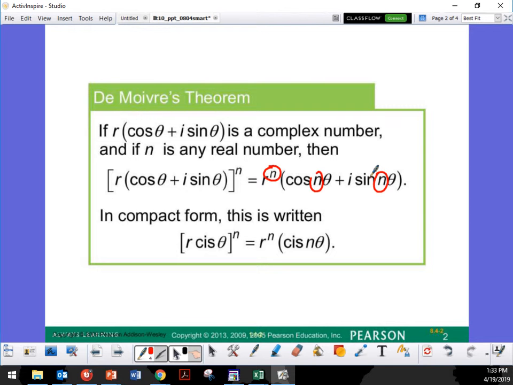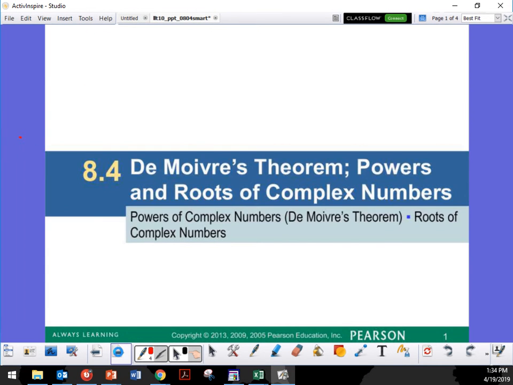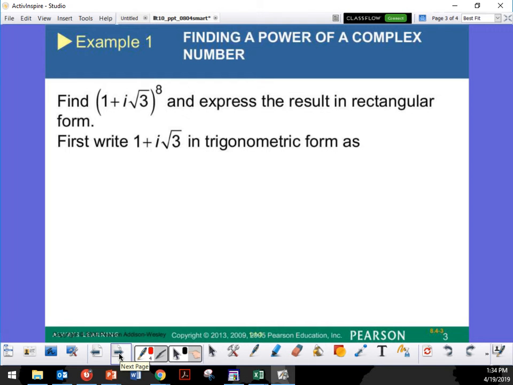Does that make sense? Okay, so it's going to be times whatever my angle is. So it's that, and I'm going to be adding it that many times. Compact form: r cis theta to the n equals r to the n, cis n theta. This is probably going to be the most that I'm going to be doing here. All this stuff can go in the calculator.